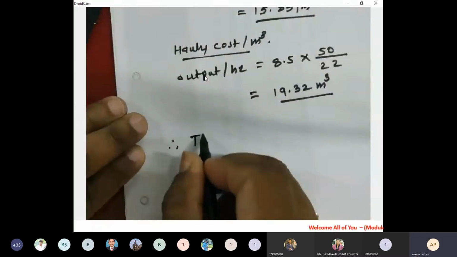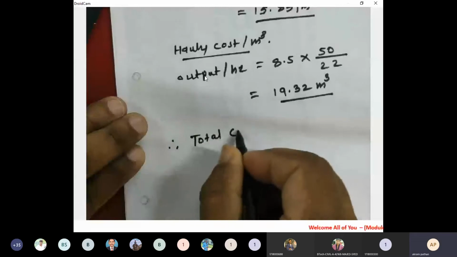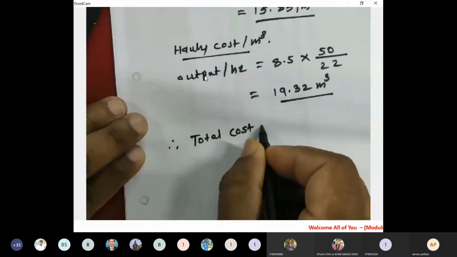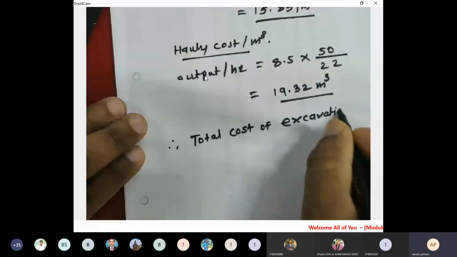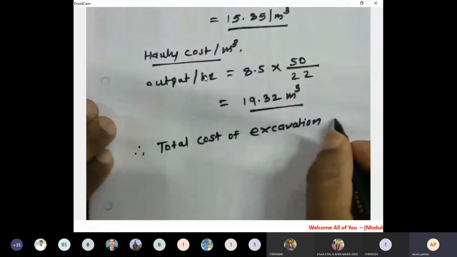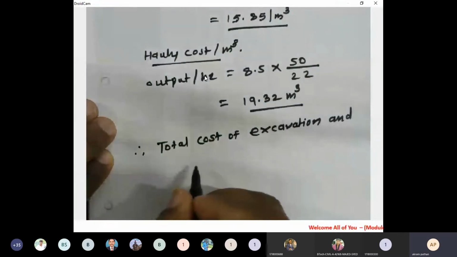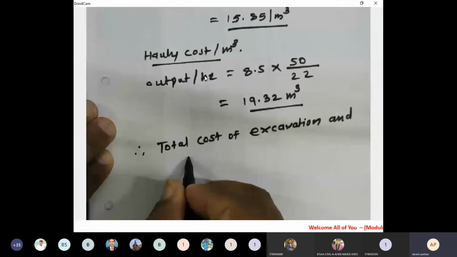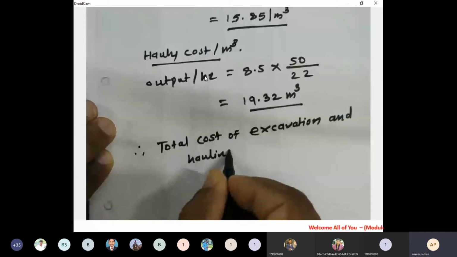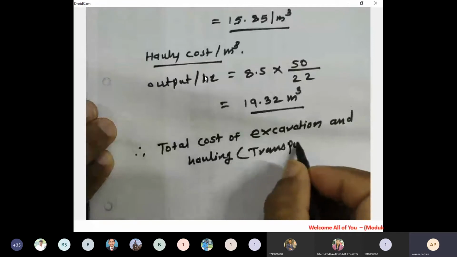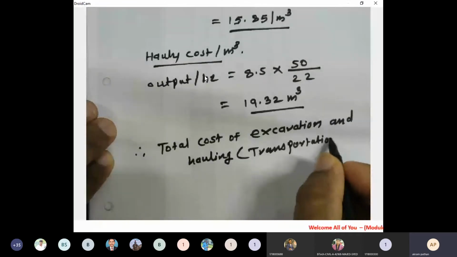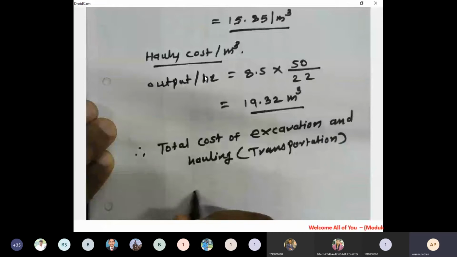Therefore, we have to calculate the total cost of excavation and hauling, and hauling means transportation. This is nothing but the transportation up to your construction site.